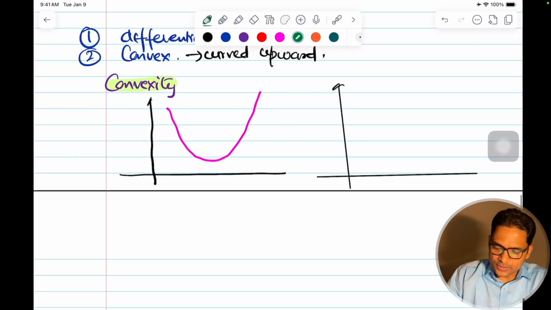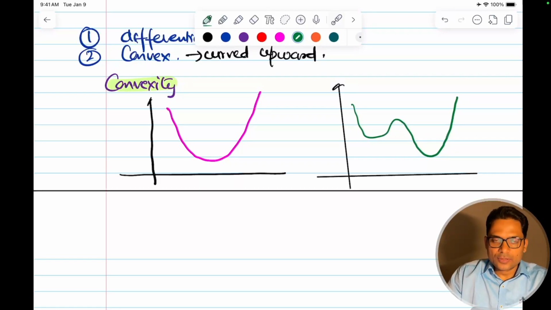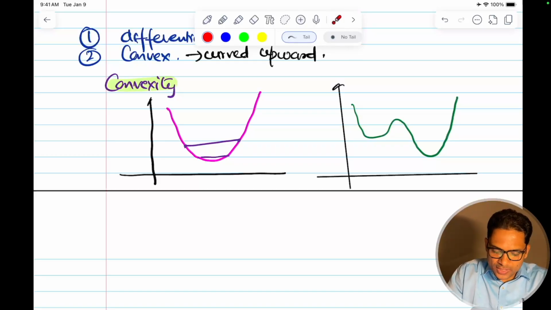So I have another function where you have something like this. Let me make it a bit smooth. So what convexity says theoretically is that if I take any two points on the curve and draw a line, then it should always be above the curve.